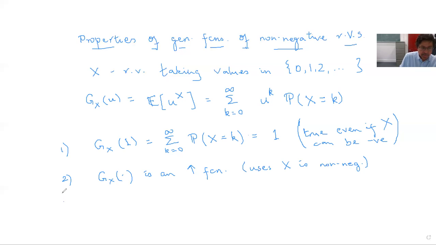And then the last property we are going to use is that G_X is convex. And again, this is because just looking at the power series expansion, it is a sum. This is true even if X can be negative.